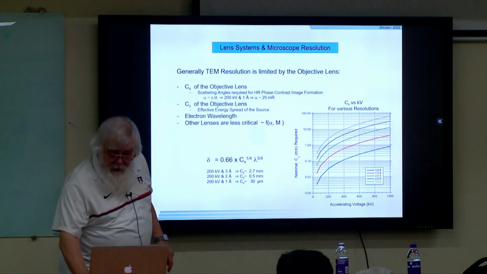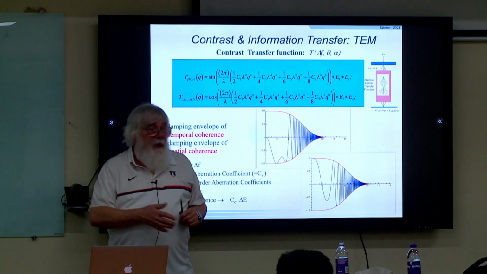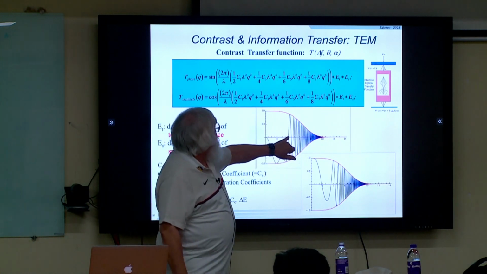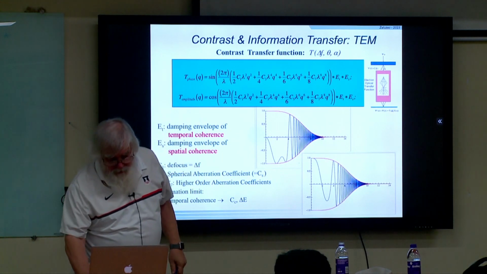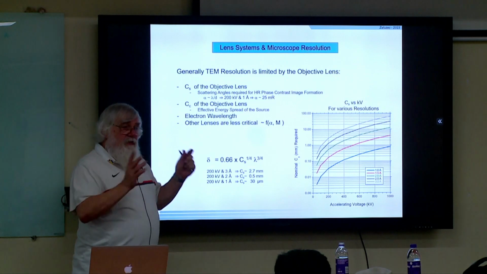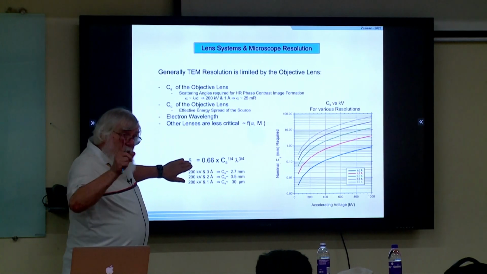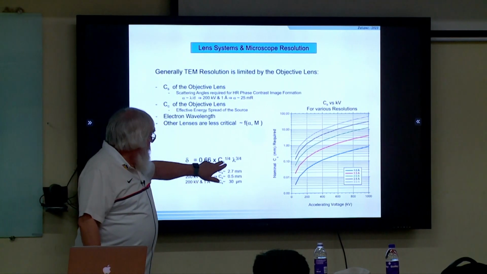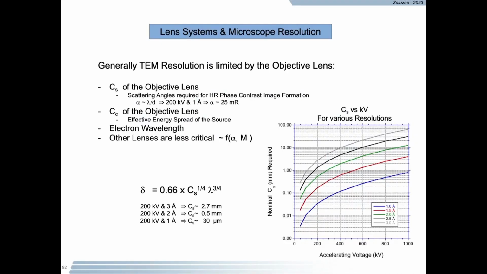And this 0, this point right here, can be defined. We can set, when do I get a 0? Where's the first 0 of this? That's how this equation comes out. Setting that to 0, solving, we can say that first 0 occurs at 0.66 times CS to the quarter lambda to the 3/4.